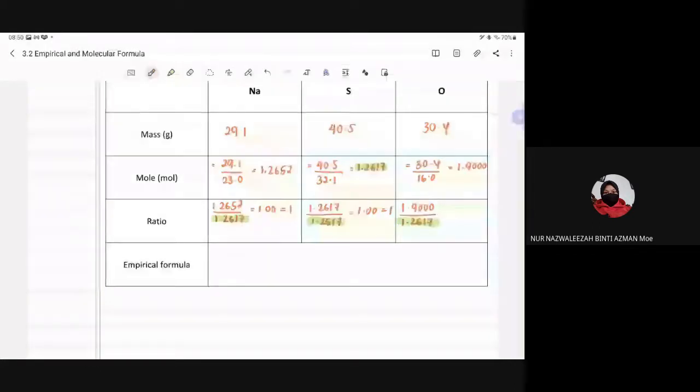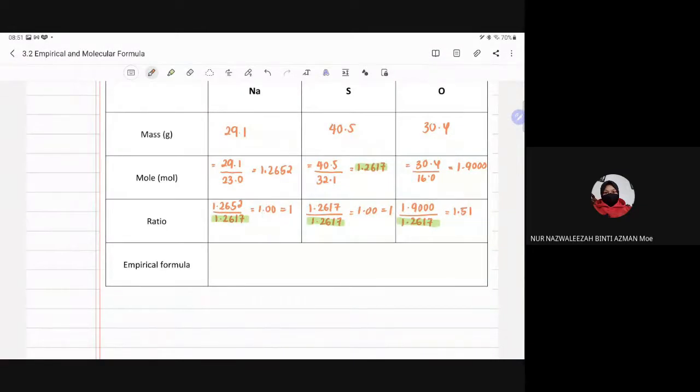Okay, so we should get 1.9 divided by 1.2617. Kita akan dapat 1.51. Yang dekat ratio ni, ingat tadi saya cakap kita ambil 2 decimal point. So 1.51. So sekarang ni kita nampak 1.51, 1, 1. Empirical formula dia mesti ratio mesti dalam whole number. It has to be in the whole number format.